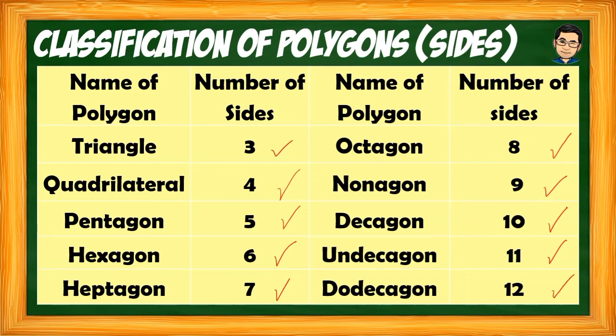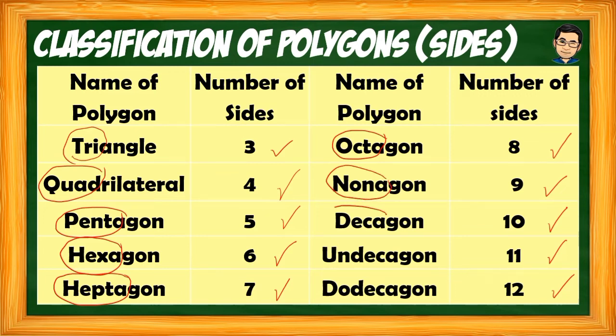So, yung mga prefix natin dyan, so pag tri, ayan, means 3. Pag quad, 4. Pag penta naman, 5. And then pag hexa, 6. Hepta, 7. Octa means 8. And then nona means 9. Deca naman, 10. Parang dekada, decade.